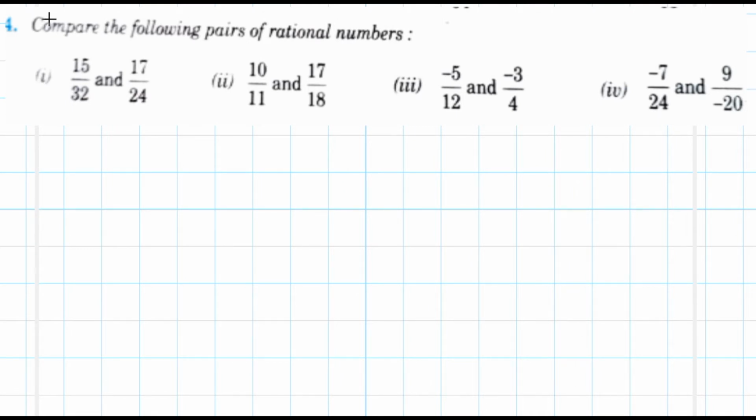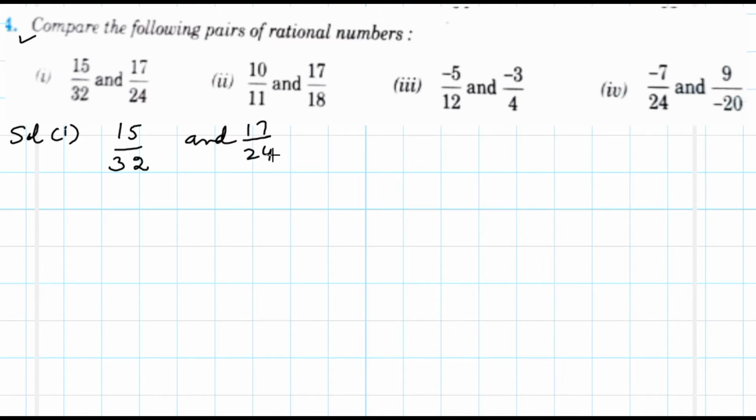Now question number 4 is compare the following pairs of rational numbers. We have to compare these pairs of rational numbers. So the solution is here. First is 15 upon 32 and 17 upon 24.